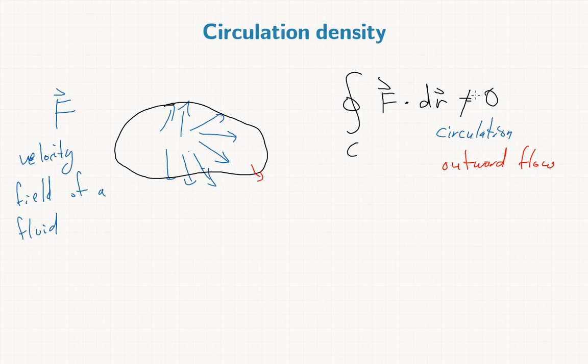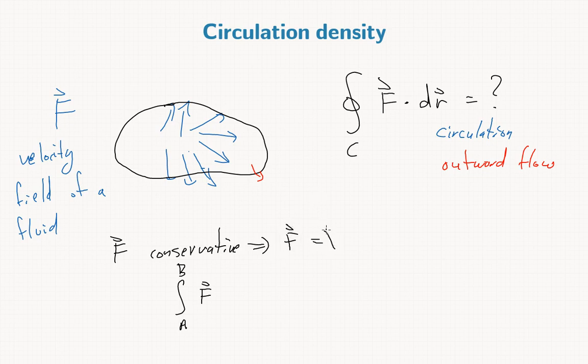So we want a method to evaluate these types of integrals. As motivation, if F is conservative, then F is the gradient of some other function, so it's sort of like a derivative.